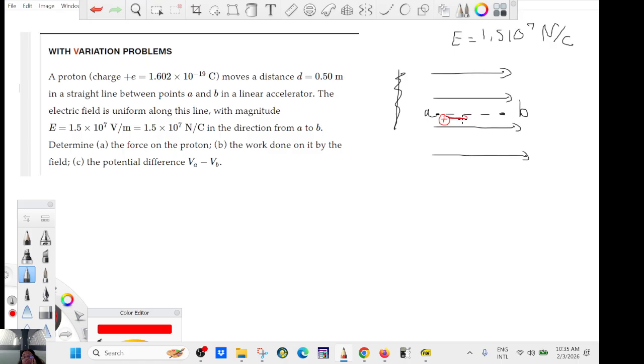Okay, so there will be a force. So it wants to go downstream. So a proton wants to go with the field lines, an electron wants to go against. So it's going to accelerate. So it has potential energy, turns into kinetic energy.